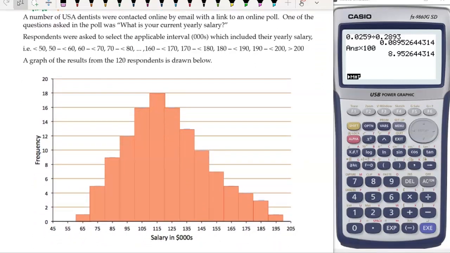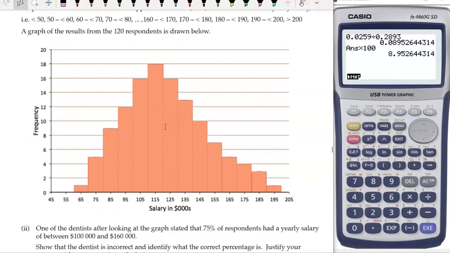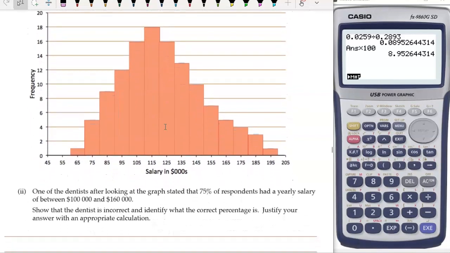Now we have some data from an online poll that asked the dentists what their salary was, and they had to select the category. We've got the responses from 120 of them in this graph. One of the dentists looking at the graph said that 75% of respondents had a yearly salary between 100,000 and 160. Show that the dentist is incorrect and identify the correct percentage and show the calculation.